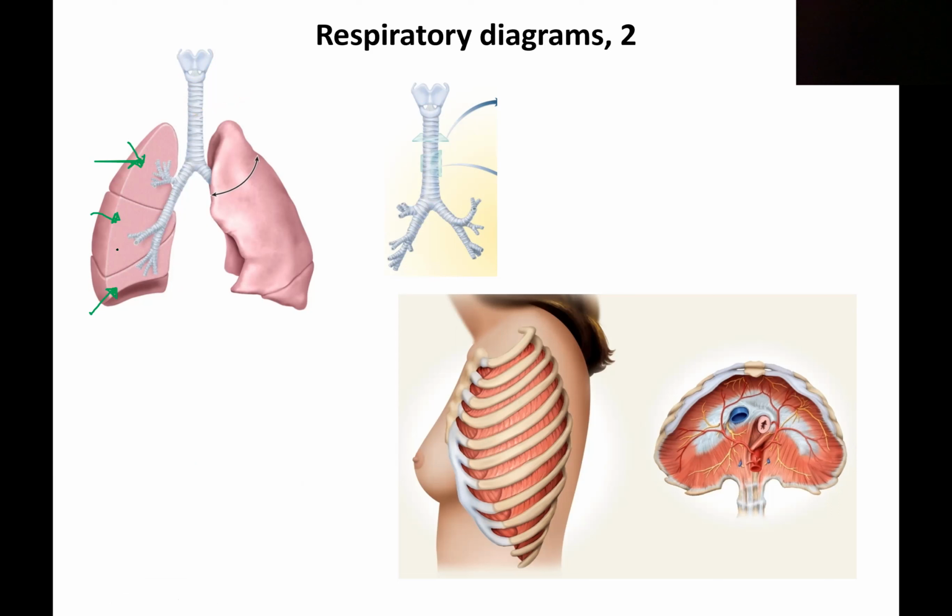You have to put inferior, superior, or medial with lobe, and you have to put right and left with lung. So instead of naming the lobe first, you could name the lung. So left lung, superior lobe, right lung, inferior lobe.